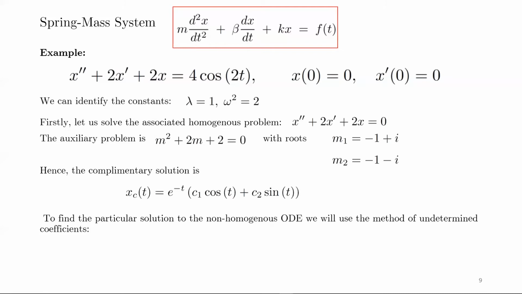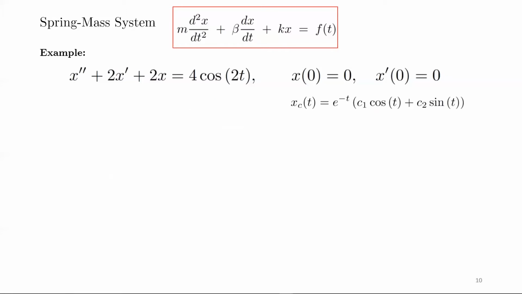To find the particular solution to the non-homogeneous ODE, we're going to use the method of undetermined coefficients. So here's our initial value problem, and here's our complementary solution. We can write down a test case for a particular solution, noting firstly that our non-homogeneous term is the cosine of 2t.